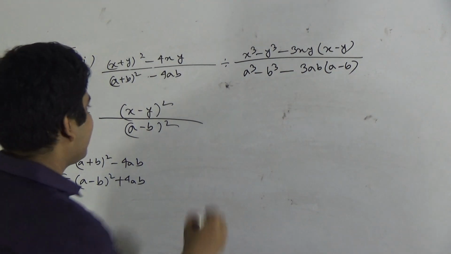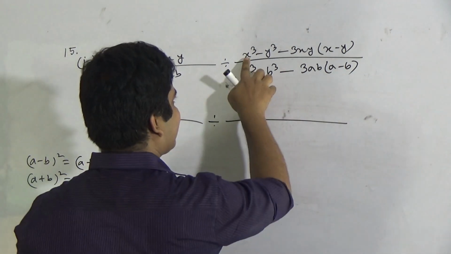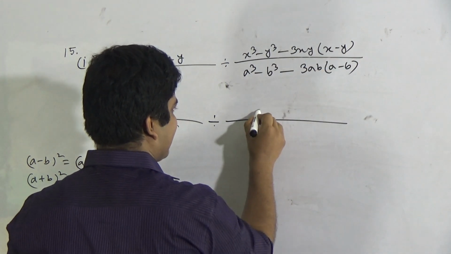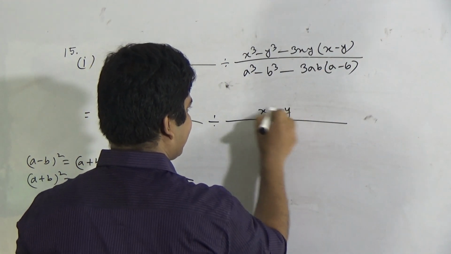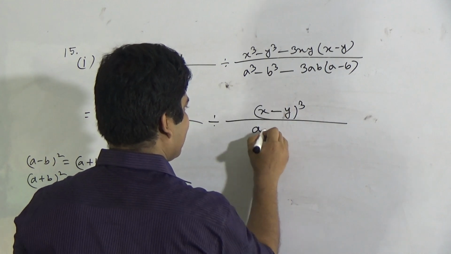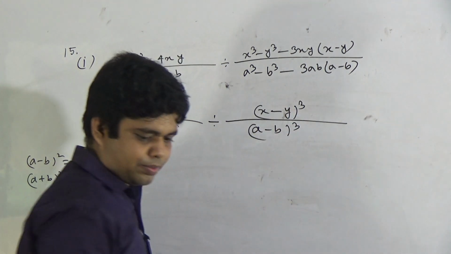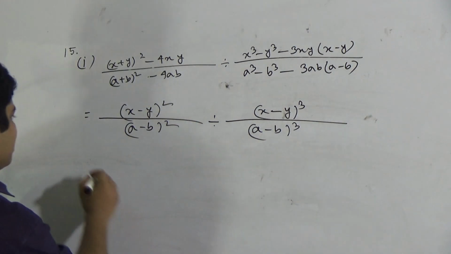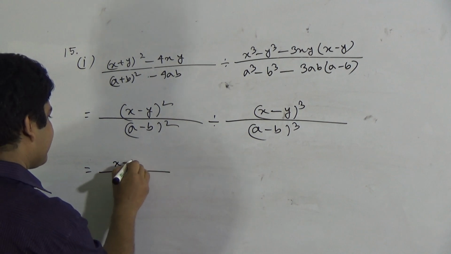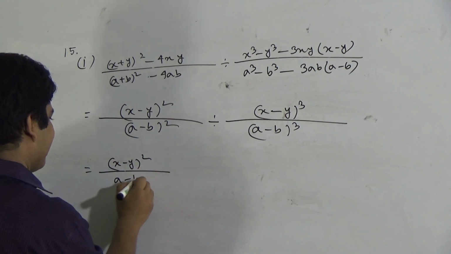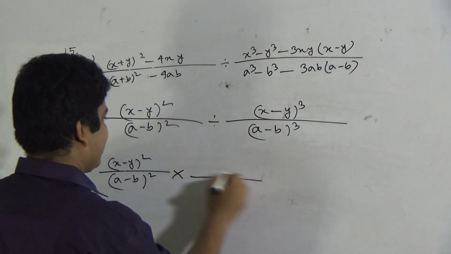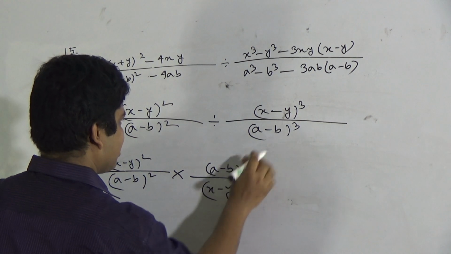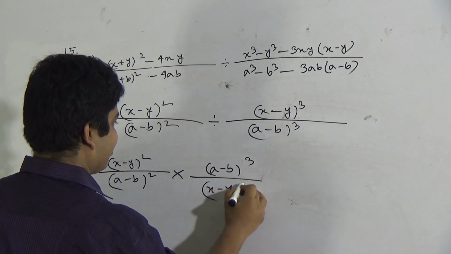Okay. Then division sign, x³ − y³ − 3xy(x − y). That means we can write from this as formula (x − y)³, similar to (a − b)³. Now (x − y)² over (a − b)², multiplied by (a − b)³ by (x − y), sorry, this is not whole square, it will be whole cube.